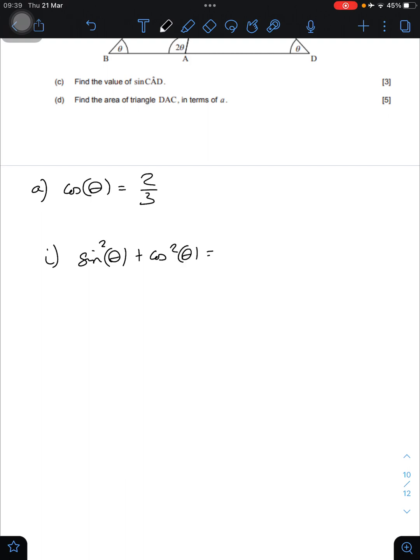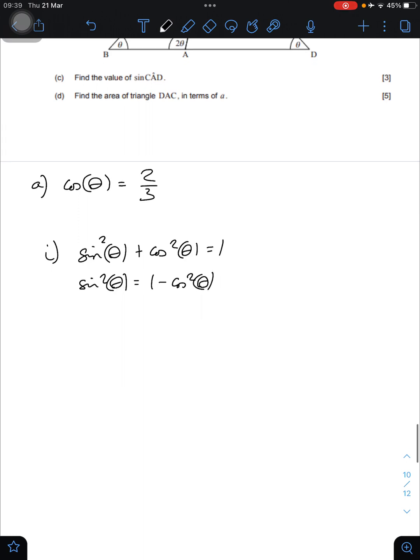Sine squared theta plus cos squared theta equals 1. If we then rearrange that, we get sine squared theta is equal to 1 minus cos squared theta, and then square rooting both sides, sine theta equals the square root of 1 minus cos squared theta.